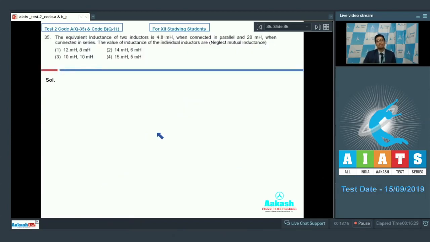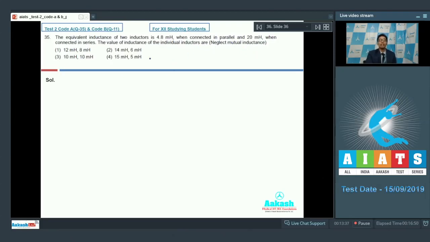Dear students, question number 35 says that the equivalent inductance of two inductors is 4.8 millihenry when connected in parallel and 20 millihenry when connected in series. The value of inductance of individual inductors are. Neglect mutual inductance.